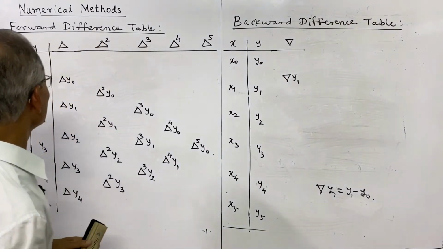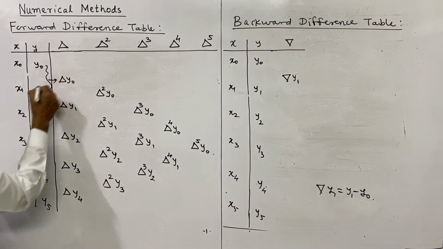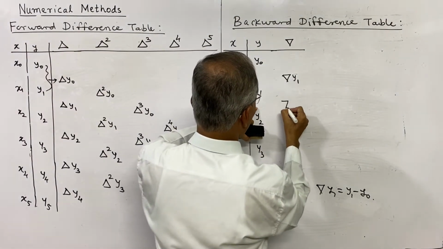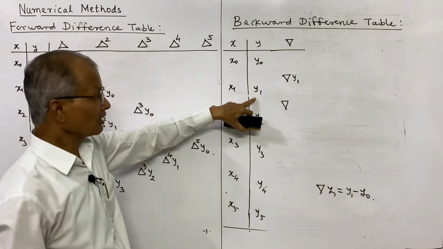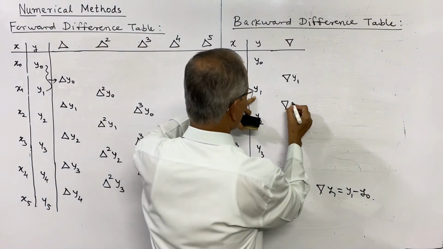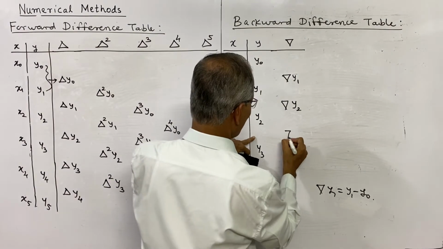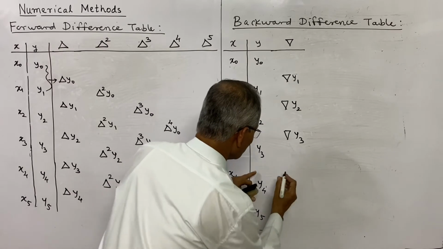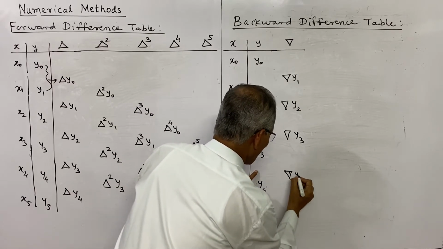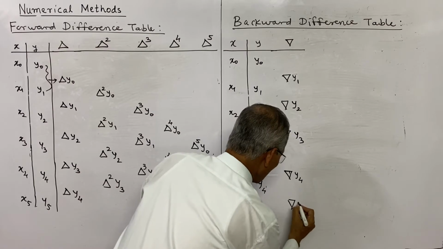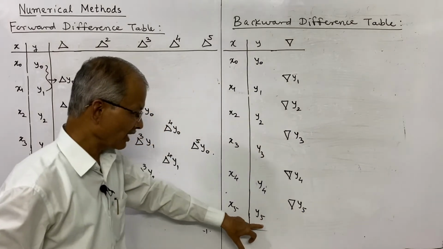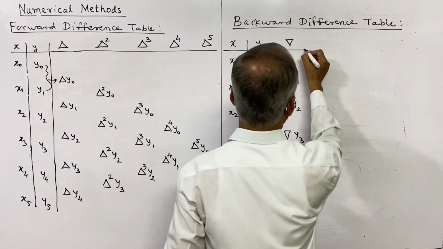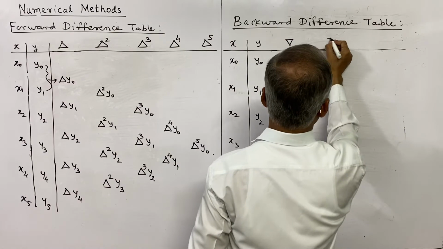So the difference of these two successive values is del y1, then y2 minus y1 is del y2, this is del y3, this is del y4, and this is del y5. Del y5 is y5 minus y4.